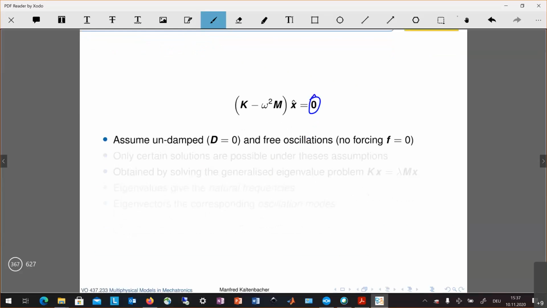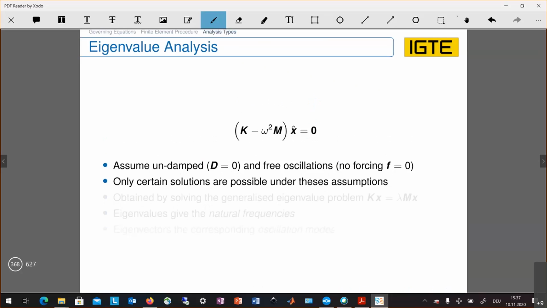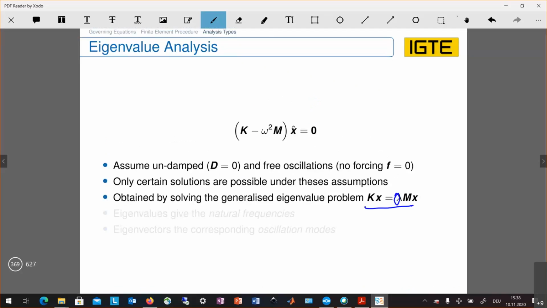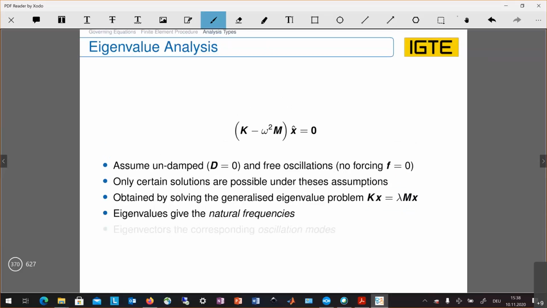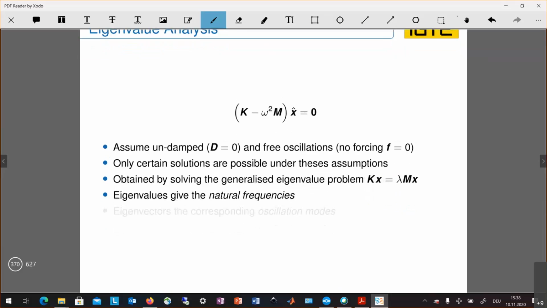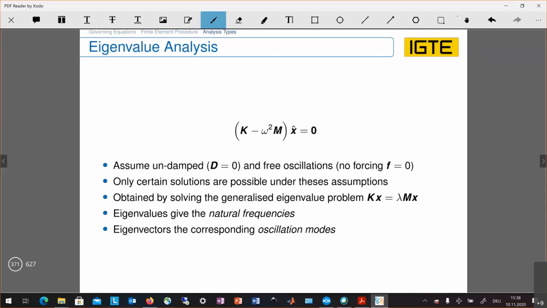of your body. Okay, so clearly under these assumptions only certain solutions are possible, which will be the eigenmodes what we get out, and we solve this eigenvalue problem with the eigenvalue lambda in this sense with the stiffness matrix K and the mass matrix M, and get out the natural or resonance frequency, as we call it, and we get out the eigenvectors, which are the so-called oscillation modes.